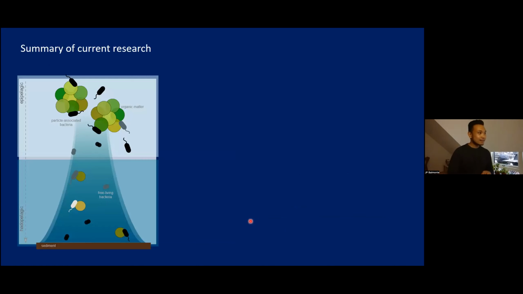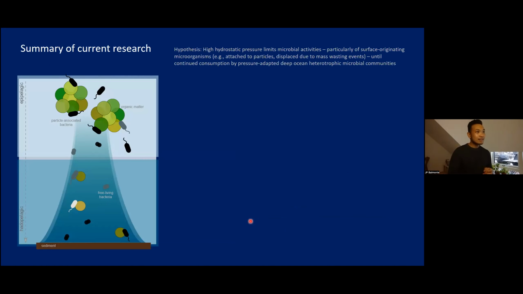So to end this talk, just to summarize, here was our hypothesis, thinking that hydrostatic pressure just limits microbial activities. And we can only partially accept this. We see that the most frequent effect of pressure is some level of activity reduction, which kind of goes back to this idea of helping preserve organic matter during descent.